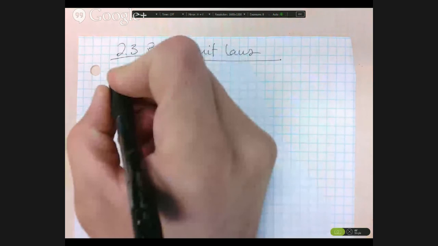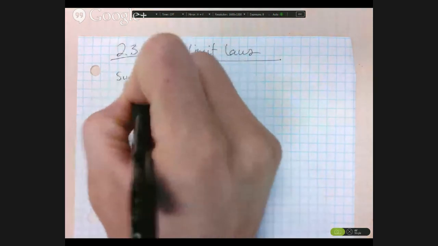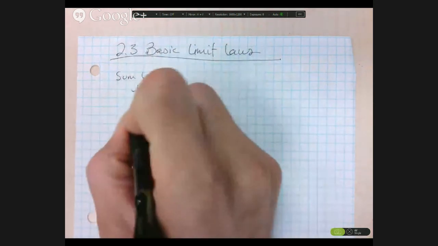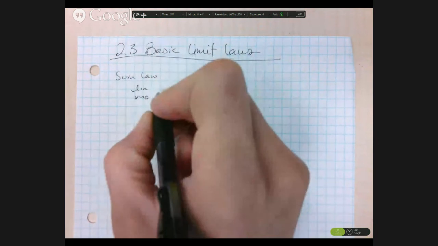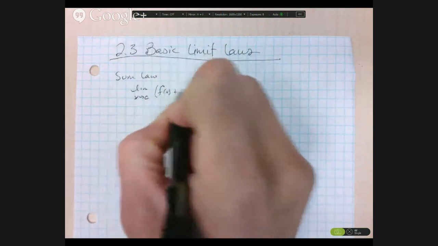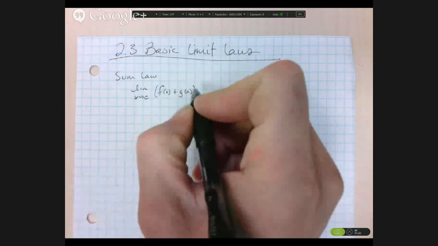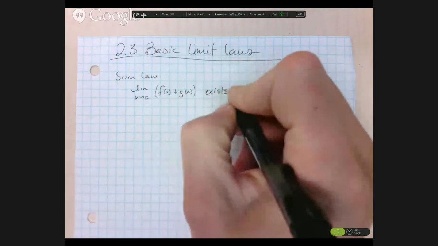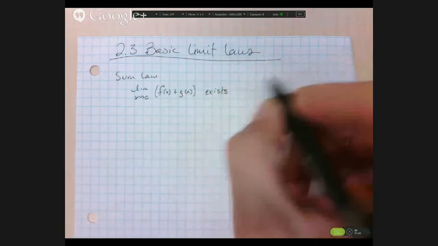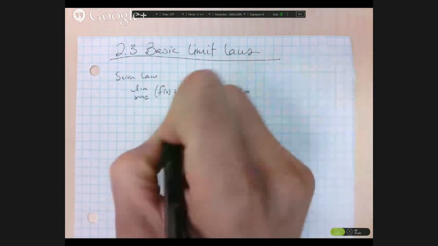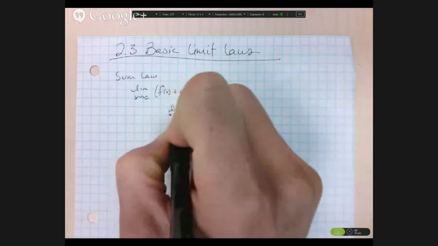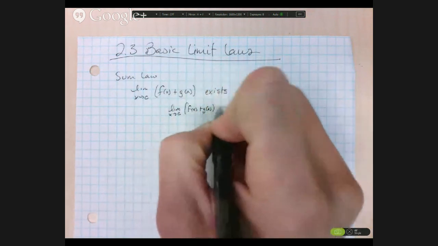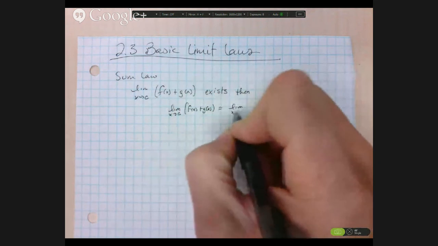So let's start with the sum law. If I have some limit as x approaches some value of f of x plus g of x, this must exist, then it is the same as splitting them up.